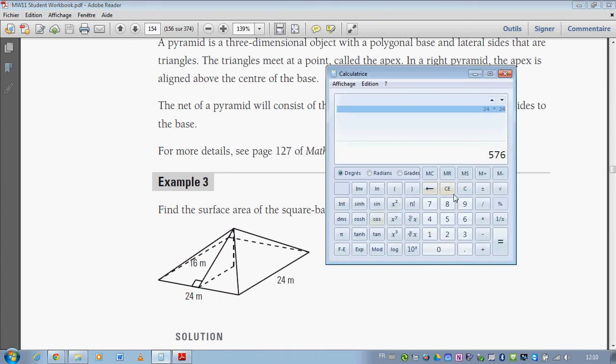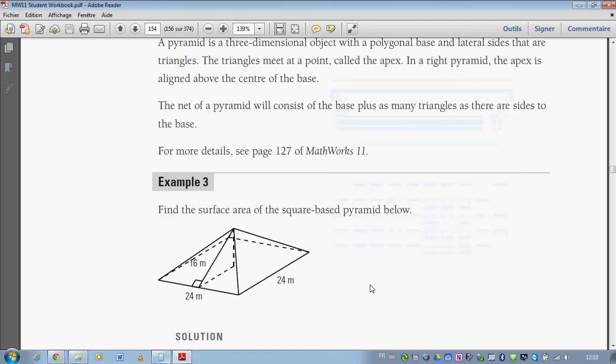So figuring out the area of one triangle, that's base times height, so 24 times 16, divided by 2, to get the area of one triangle, which is 192, but then multiply that by 4, because you've got 4 of these triangles. That gives you 768, which is the combined area of all 4 triangles, which you would then add to 576, which is the area of the square base. That gives you a total area of 1,344.